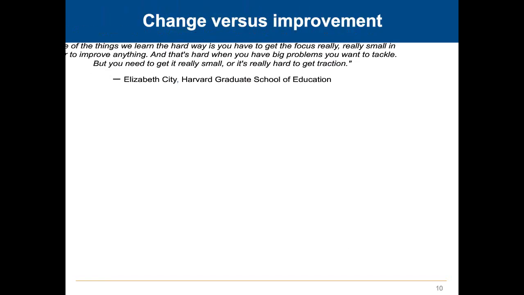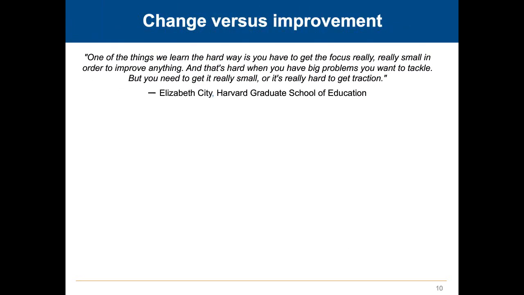Liz City from Harvard Graduate School of Education really talks a great deal about focus, and she says that you need to get your focus really, really small in order to get any traction. And that is problematic for those of us who are in schools and school districts, because there are so many foci that are in front of us and so many priorities that we have to begin to evaluate from a resource standpoint and a priority standpoint.